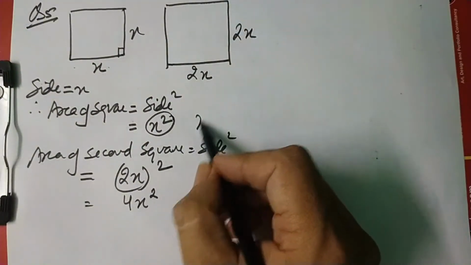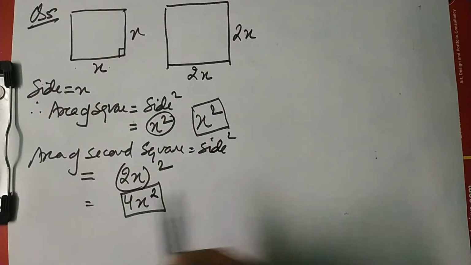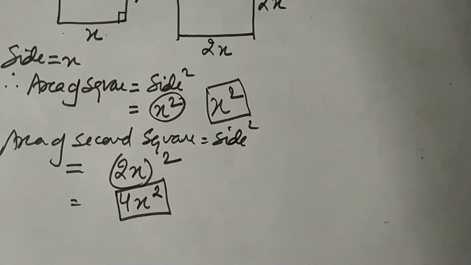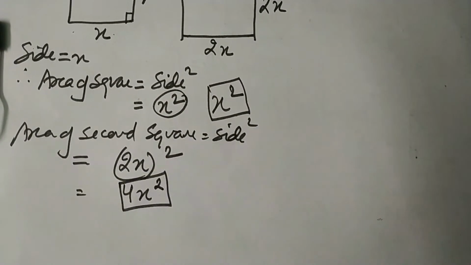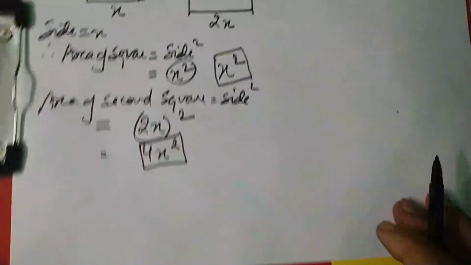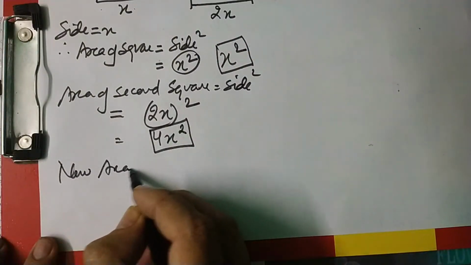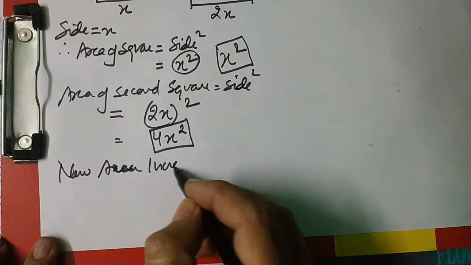So earlier the area is x squared. Now the area is 4x squared. Now the question says, if you double the side of a square, how many times does the area increase? This has increased how many times? So the new area increases by how much?